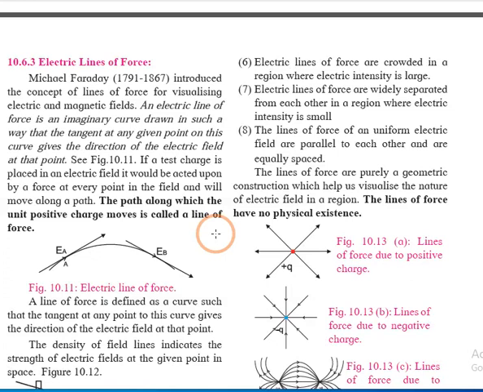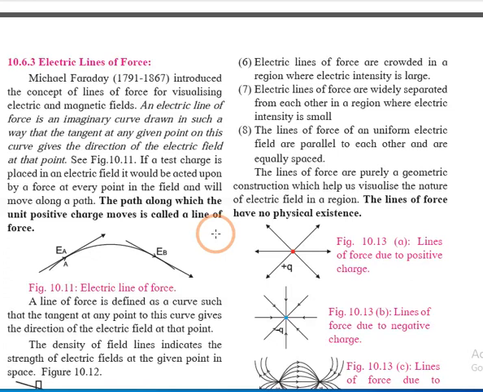Let's start. Electric lines of forces were introduced by the scientist Faraday. It is an imaginary curve drawn in such a way that the tangent at any given point on this curve gives the direction of the electric field at that point.